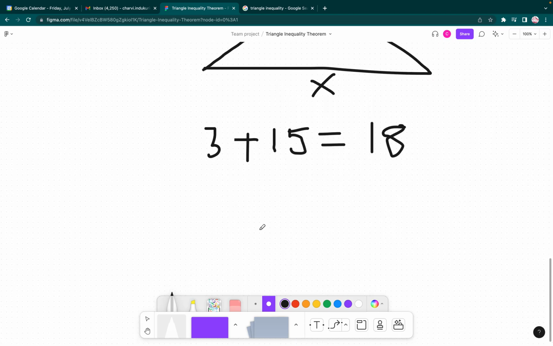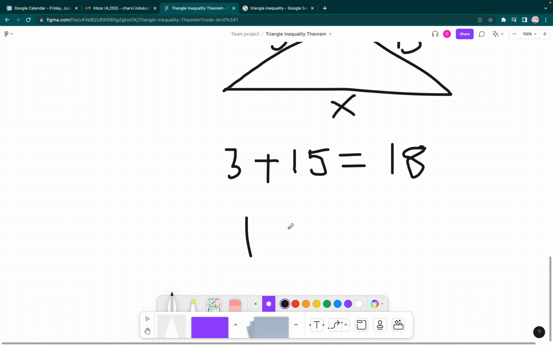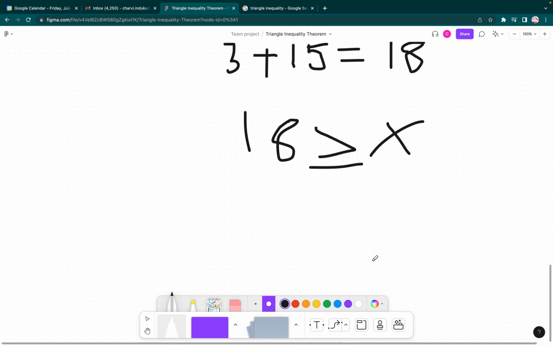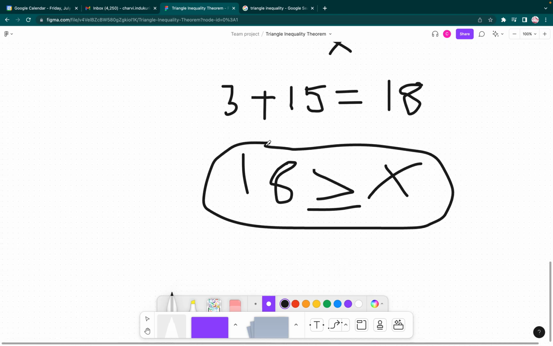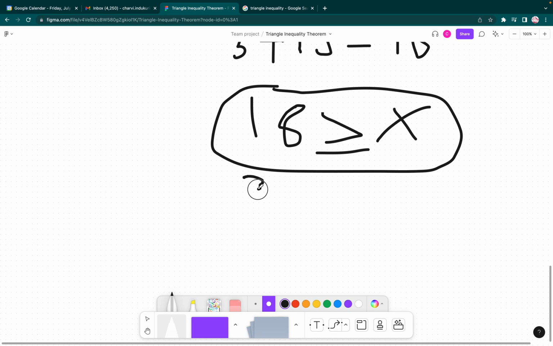Now we'll do it here. Write the same equation down. So 18 is greater than or equal to x. This equation right here is the same as 3 plus 15 is equal to or greater than x.